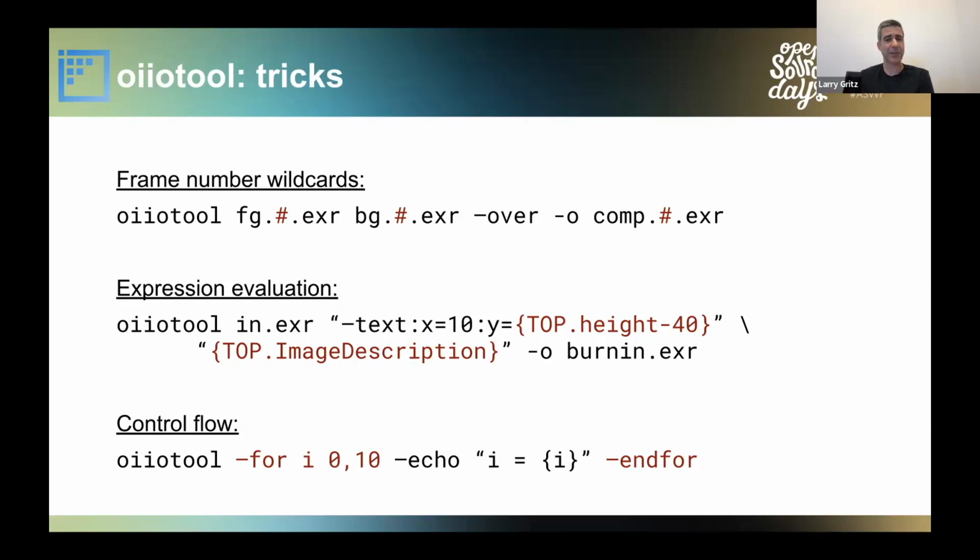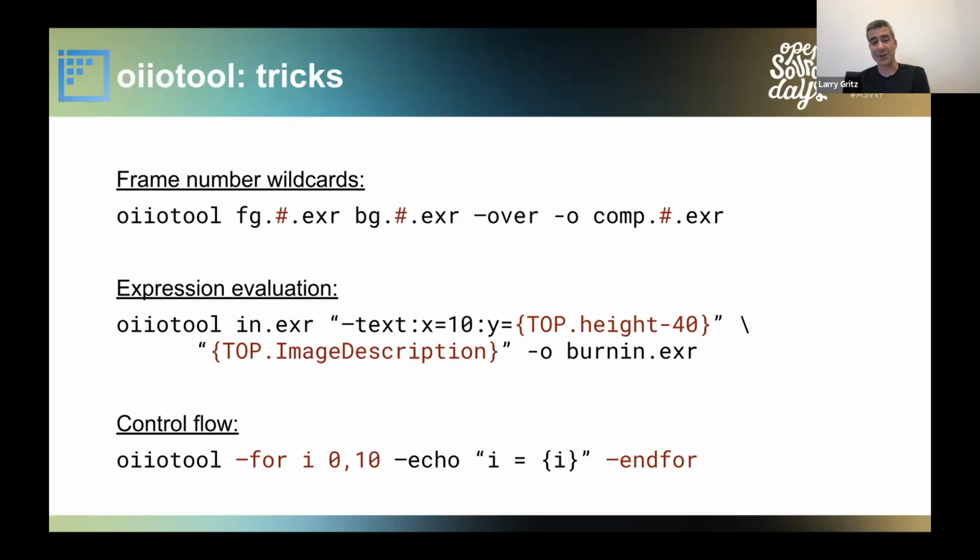Another thing that's super powerful is there's an expression evaluation syntax. Anything that appears on the command line inside braces, it is actually doing some interpretation of what's there. It can do some math. It can do a bunch of lookups. TOP in capital letters is a notation meaning the image at the top of the stack. So what this middle example is doing is reading an image in.